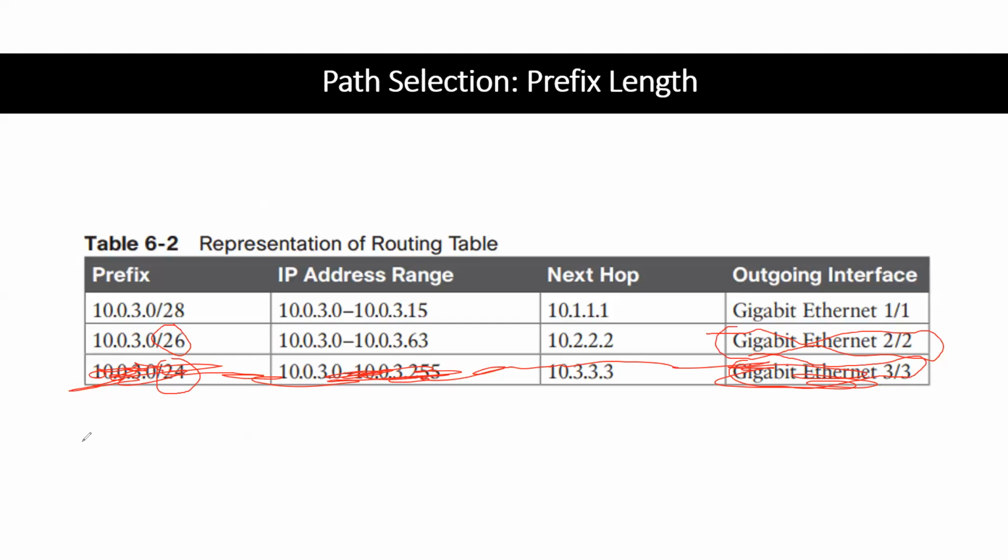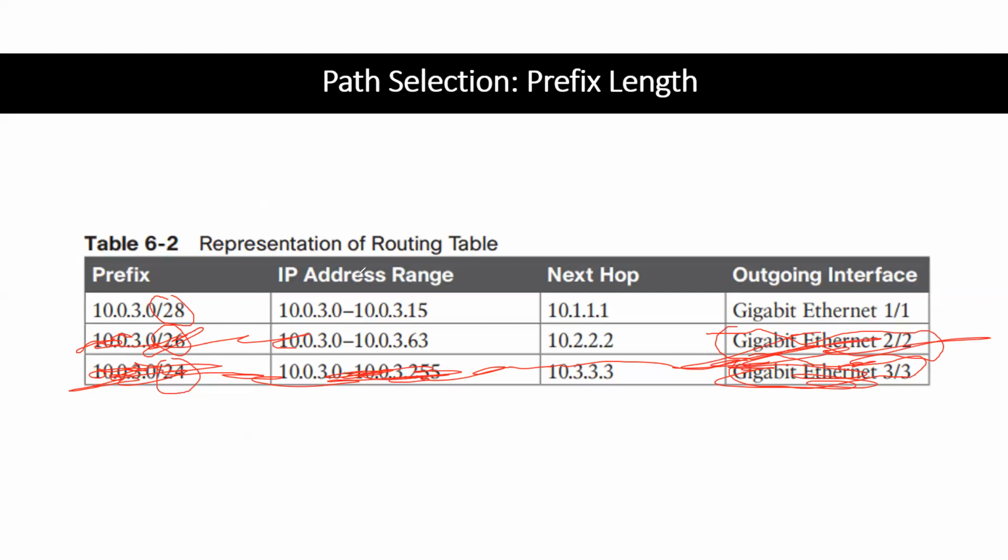But now, if we dive deeper into Mykevia's routing information based on her router, she also has a way to get there, but that's a /28. So that prefix length is even longer on that binary scale, and it's closer to /32. So now her router says, we're not going to use this, and we're not going to use this interface.